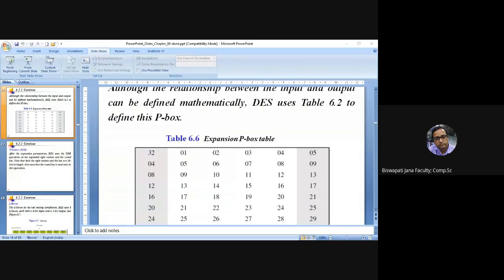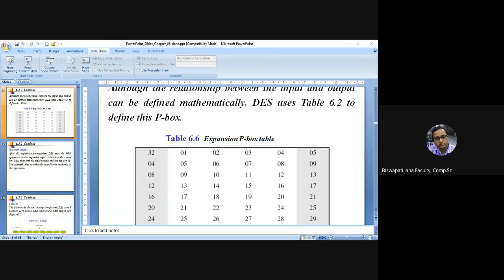So this is the whole structure of DES. Lots of operations have been done: permutation, then expansion, then XOR, then S-box, then P-box, then again permutation.